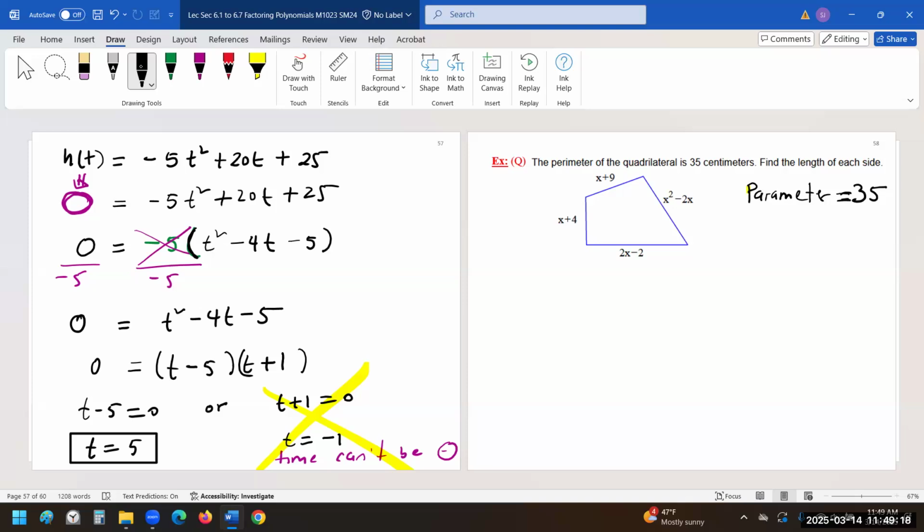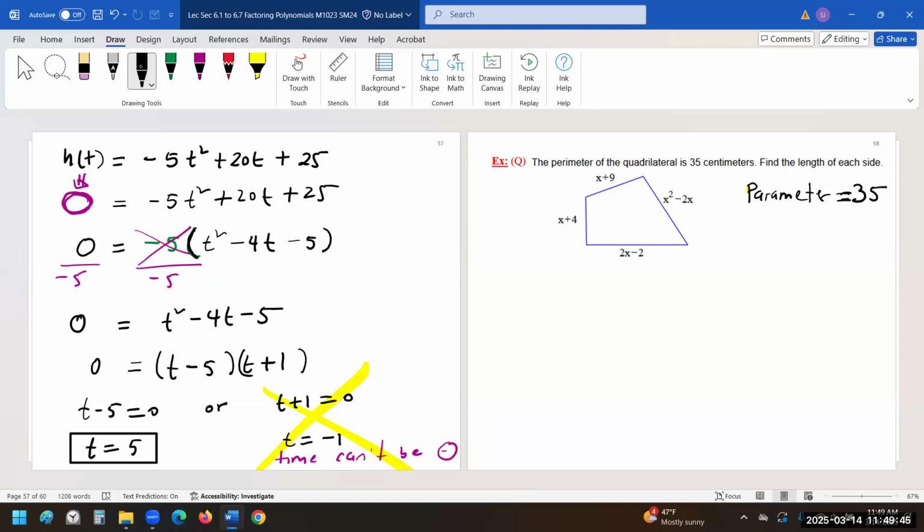Find the length of each side. What's perimeter? What is perimeter of anything? Do you know what perimeter means?